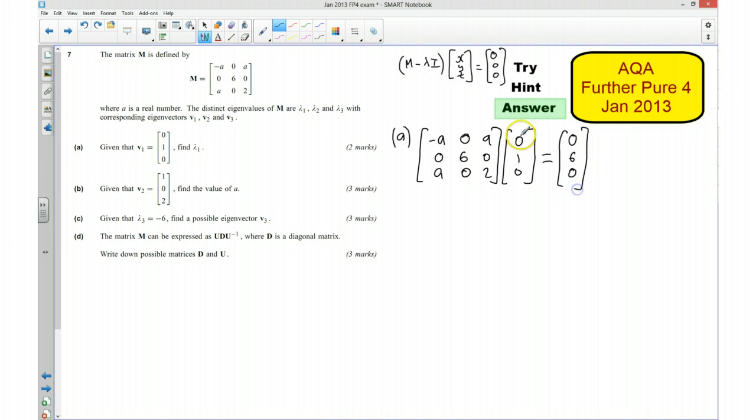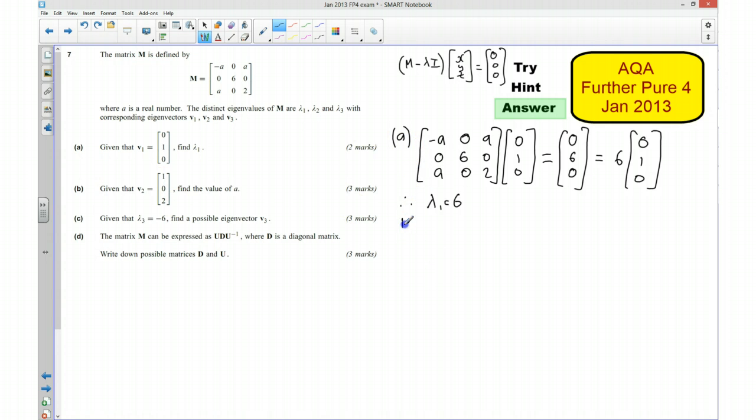And as you can see, that's a multiple of this vector here, so that's going to be 6. And that multiple is what our eigenvalue is, so that shows that eigenvalue 1 is going to be equal to 6.